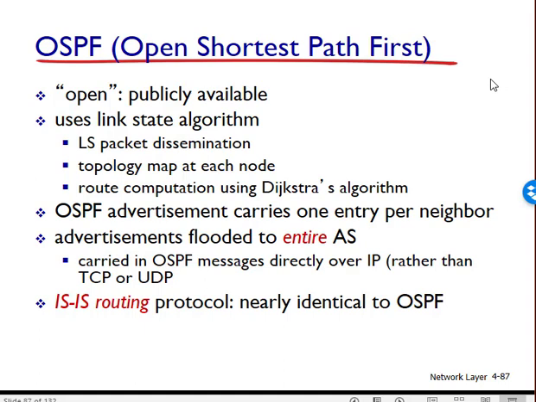Like RIP, OSPF routing is widely used for intra-autonomous system routing in the Internet. OSPF and its closely related cousin IS-IS are typically deployed in the upper tier ISPs, whereas RIP is deployed in lower tier ISPs and enterprise networks.